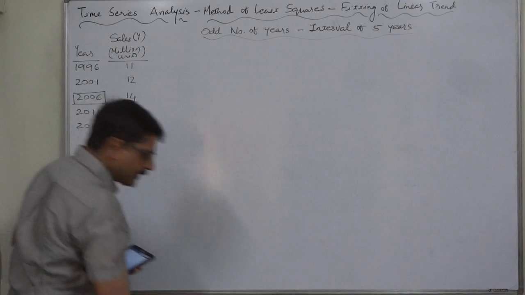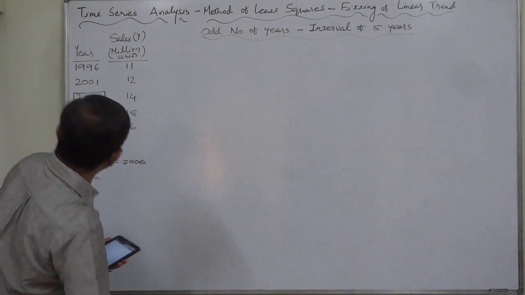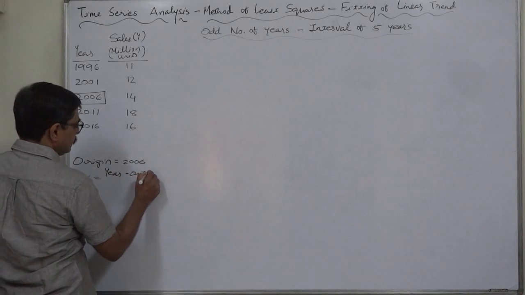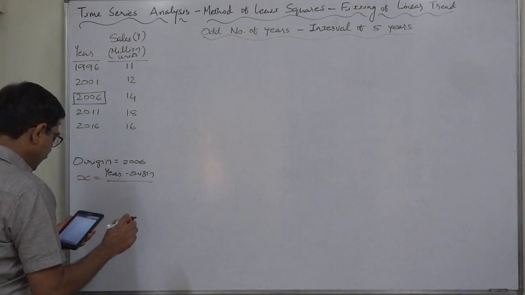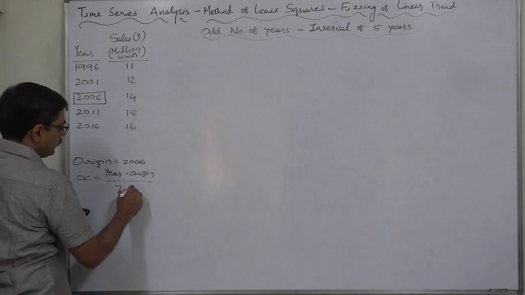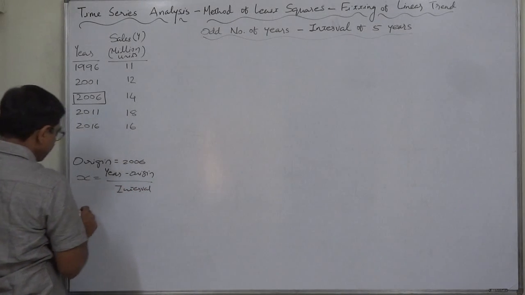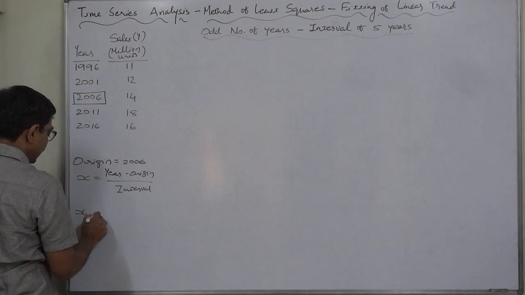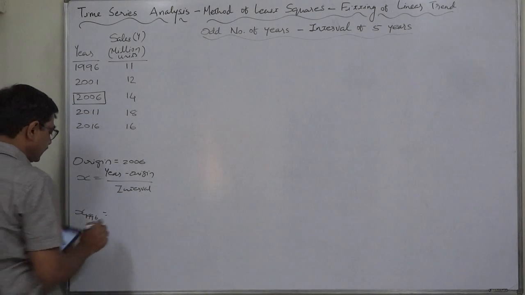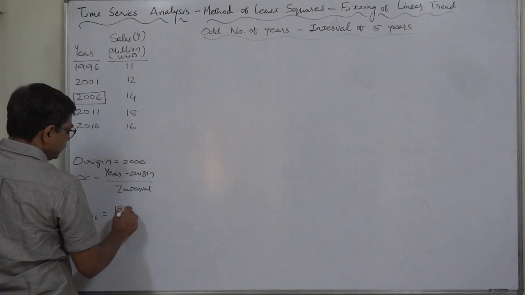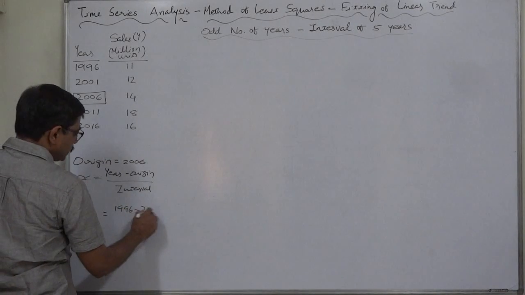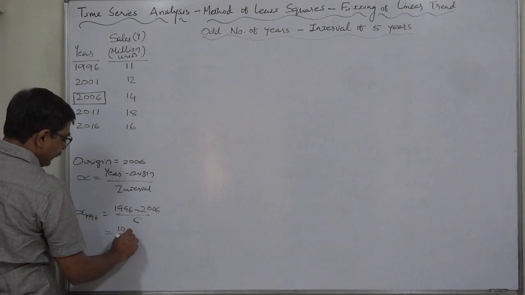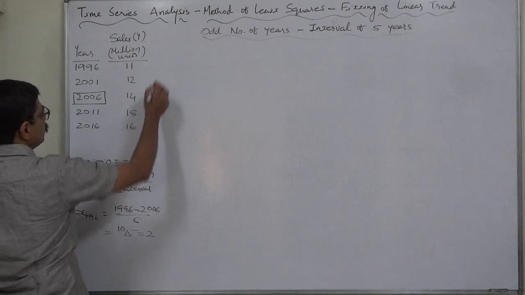x equals year minus origin, that means year minus 2006, divided by interval, which will be 5 in this case. If we find the x value for the year 1996, it will be 1996 minus the origin 2006 divided by interval of 5, that will be minus 10 by 5 is equal to minus 2.